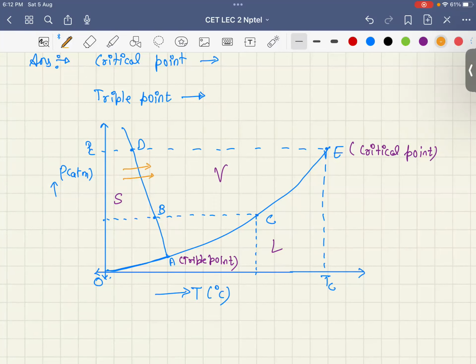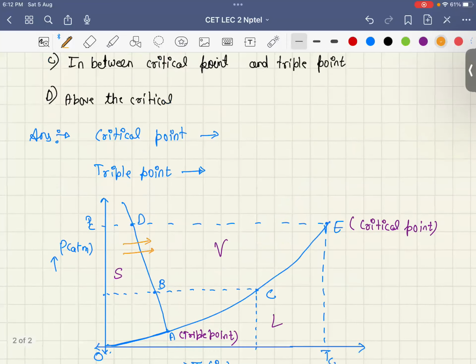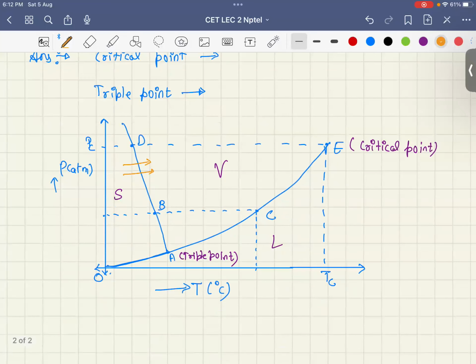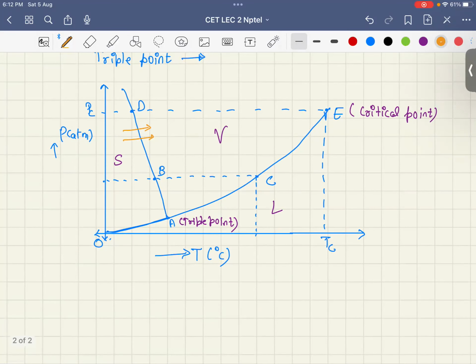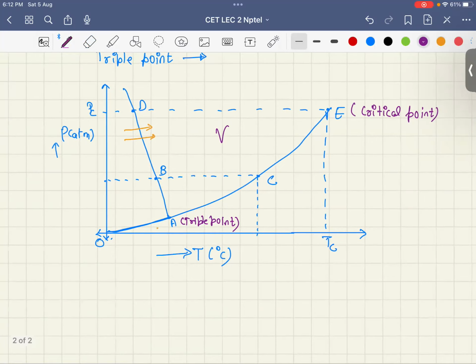So the correct answer is option A, only below the triple point. This is liquid, this is solid, this is liquid.